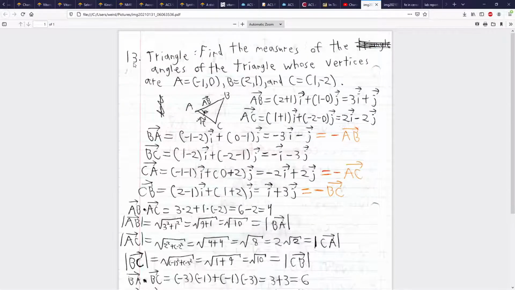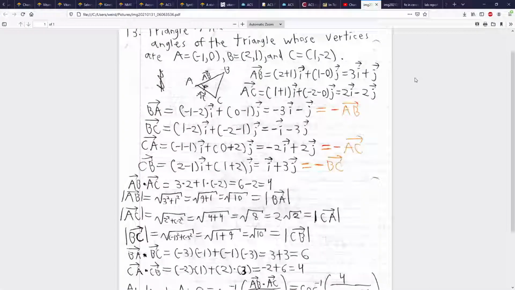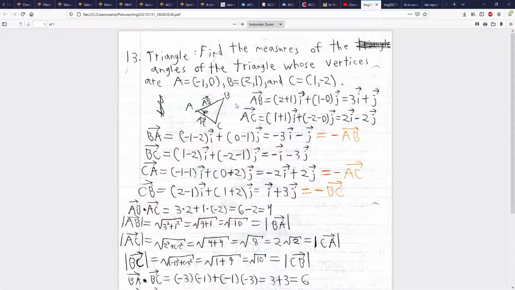Okay, so for one last type of example using dot product, we have the triangle. We want to find the measures of the angles of the triangle whose vertices are A equals negative 1, 0, B equals 2, 1, and C equals 1, negative 2. I even made a crude sketch, but the only point of this is to show how the angles work.